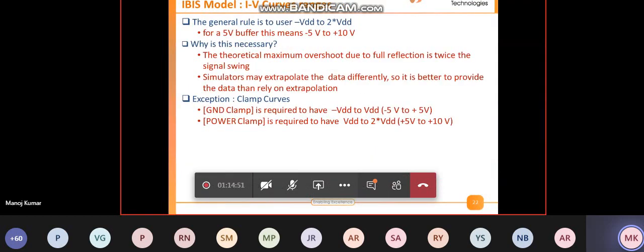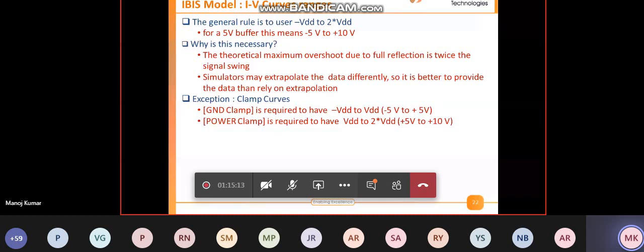Now, why does one need to capture information with respect to twice the VDD rail voltage? If your IC is designed to function at 5 volts, I should ideally be capturing data at 5 volts.